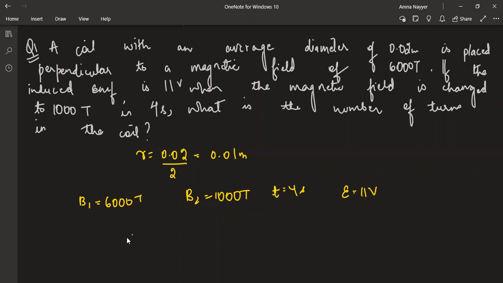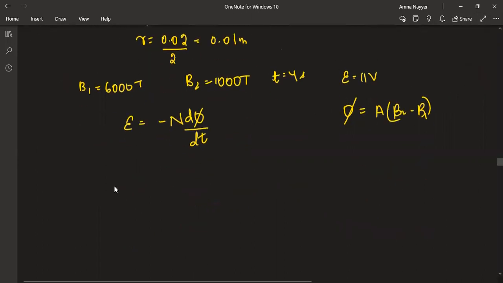Look here, class. What is EMF? This is minus N d phi over dt. And how do you write phi? Phi is written as area multiplied by change in the magnetic field. So just place it here instead of it.